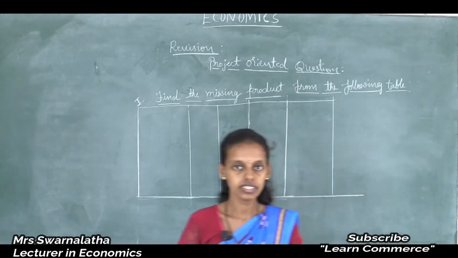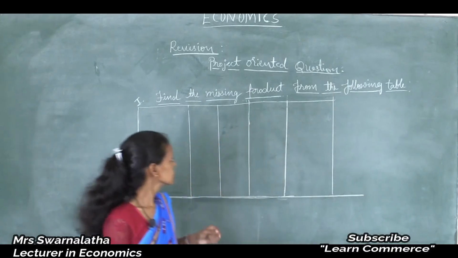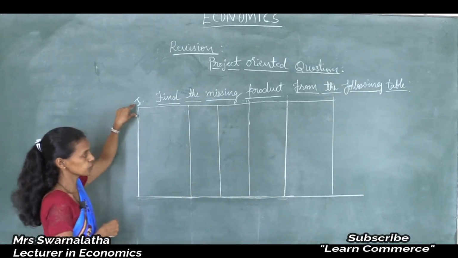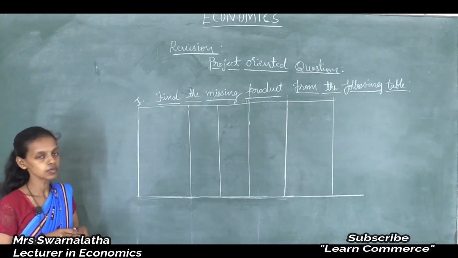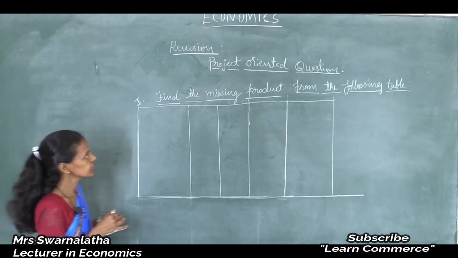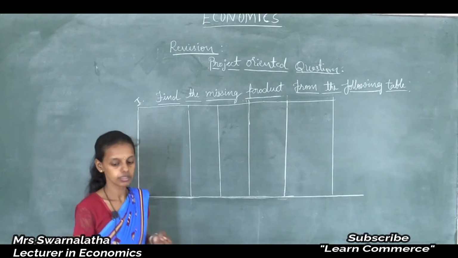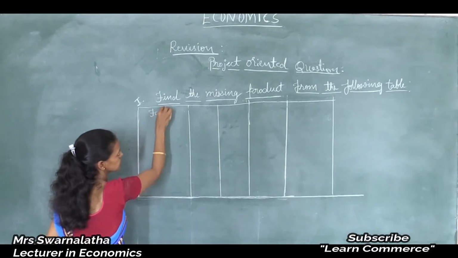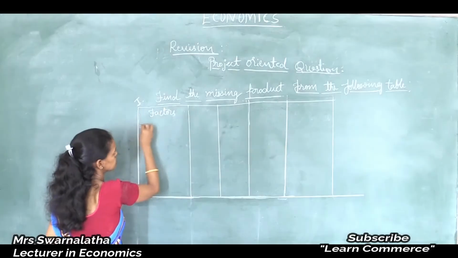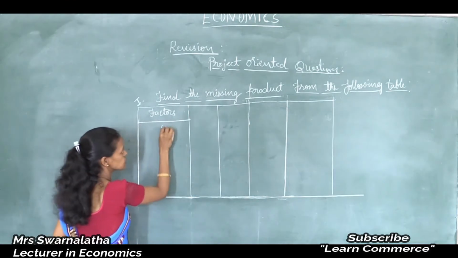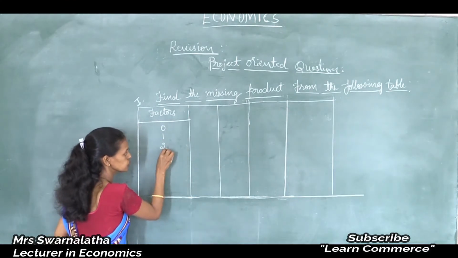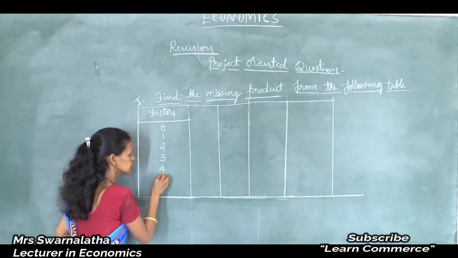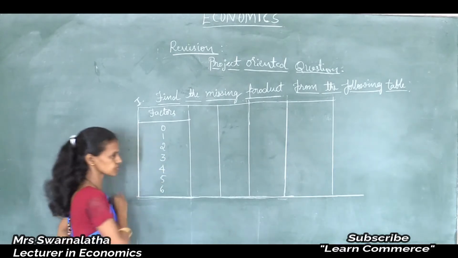So let's start from the first project oriented question. Find the missing product from the following table. Here is one table. First, factors, they will give as 0, 1, 2, 3, 4, 5, 6.